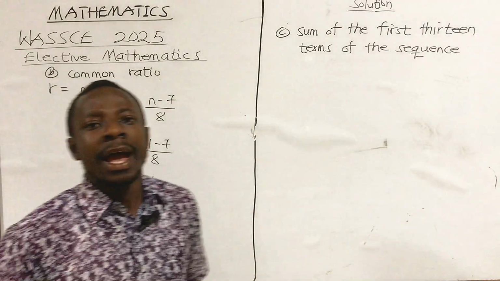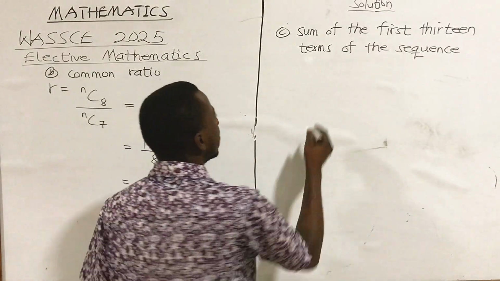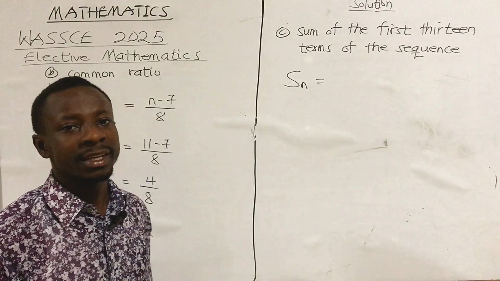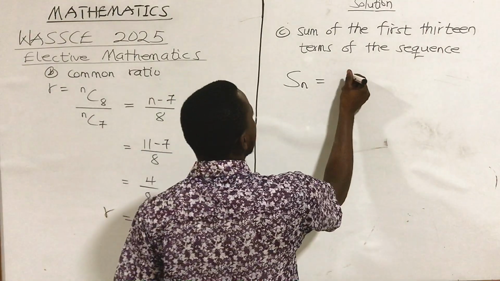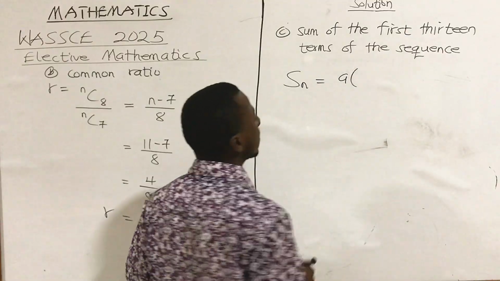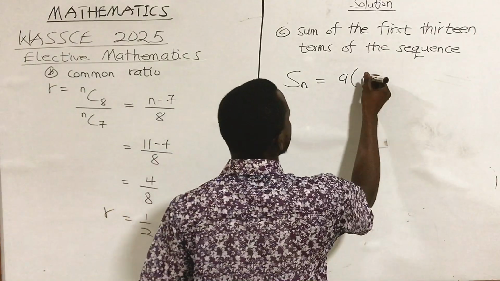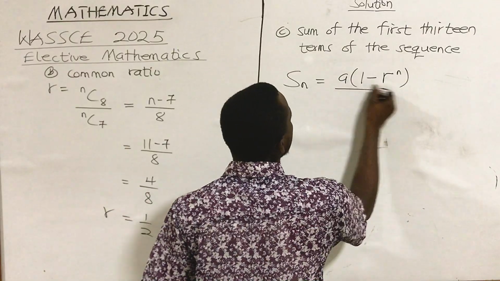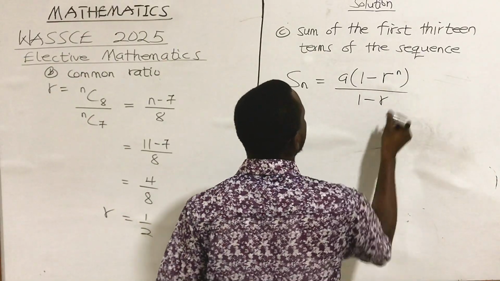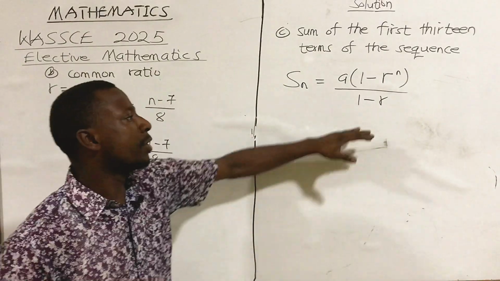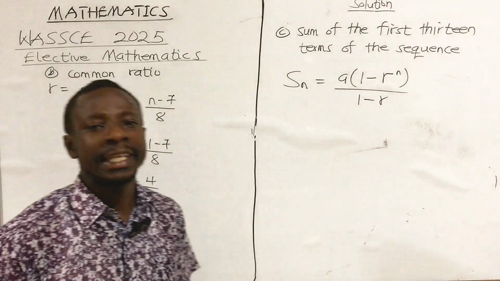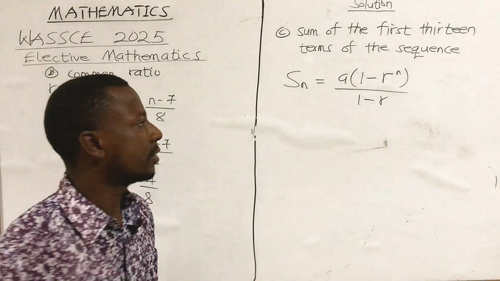Under GP, generally, the sum of the first n terms is given by a into brackets 1 minus r exponent n, all over 1 minus r. And we are using this because the common ratio we have here is less than 1.